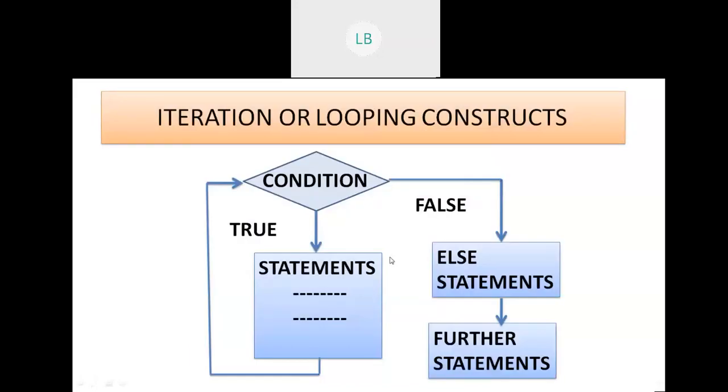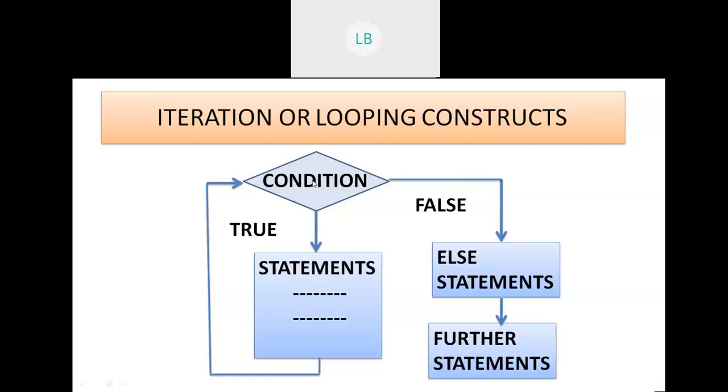Let us continue with the iteration or looping constructs. When the user needs to execute a block of code several times, in that case, iteration or looping constructs will be used. Here you can see a condition.